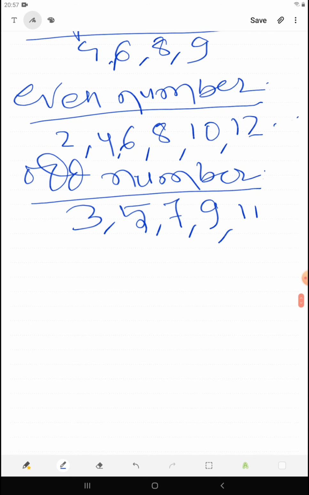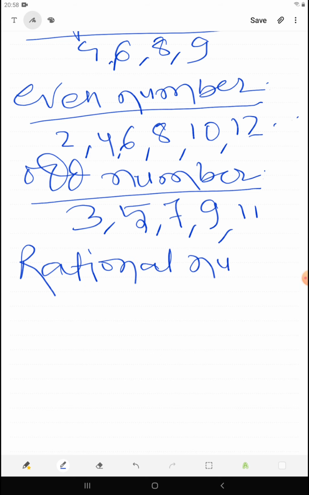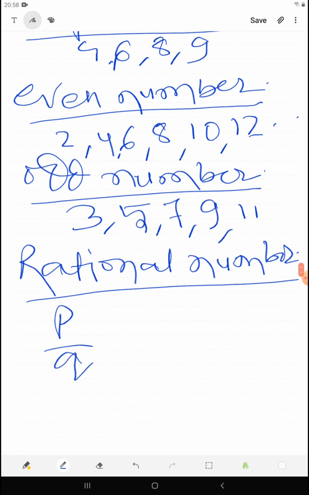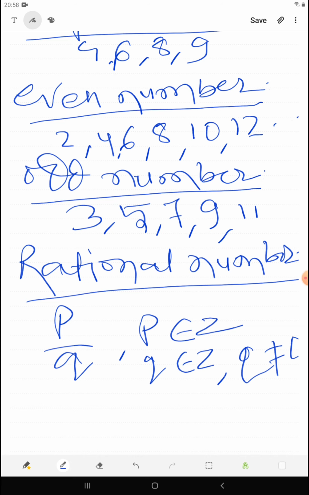Then comes rational numbers. So what is a rational number? Rational numbers are numbers which can be represented as a ratio of p by q, where p is an integer, q is an integer, but q is not equal to 0.